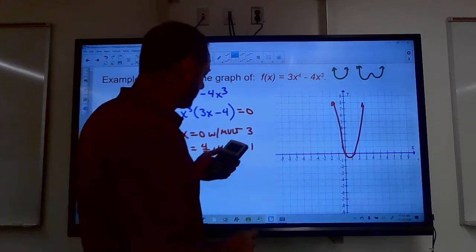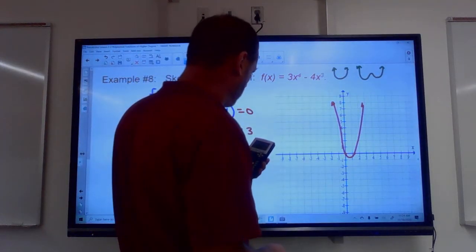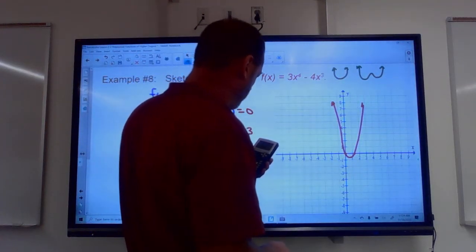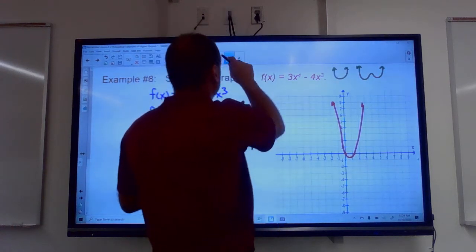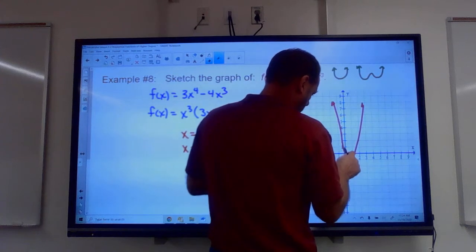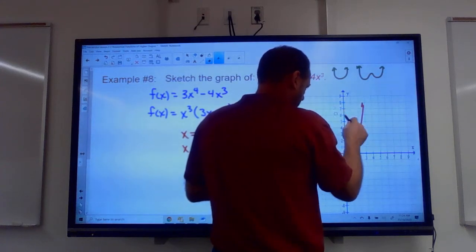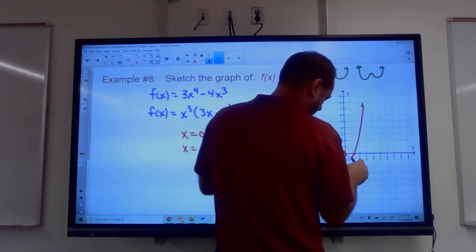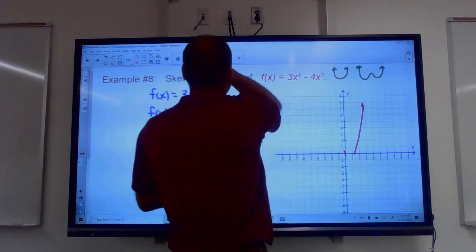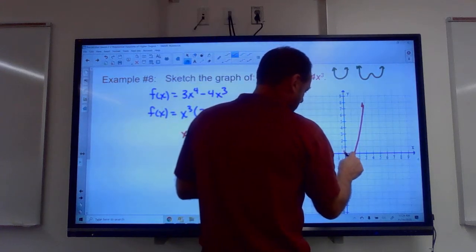Okay, so this thing does look a little different. It does have a little wobble in it. So this side is actually correct, but I just drew it poorly. This side is correct. This part down here is a little different. So this goes up like this.